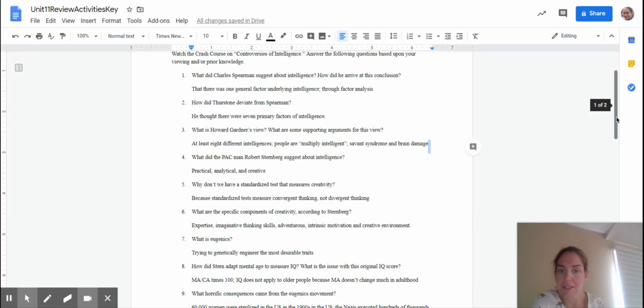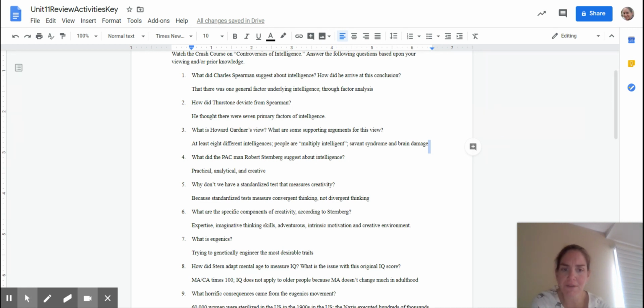L.L. Thurstone deviated from Spearman in that he thought there were 7 primary factors of intelligence. Howard Gardner, remember, when you garden, you want to plant as many fruits and vegetables as possible. So he thought there were at least 8 different types of intelligence, multiple intelligences, things like spatial intelligence and bodily kinesthetic intelligence and existential intelligence and intrapersonal intelligence, inward, and interpersonal, meaning between people.